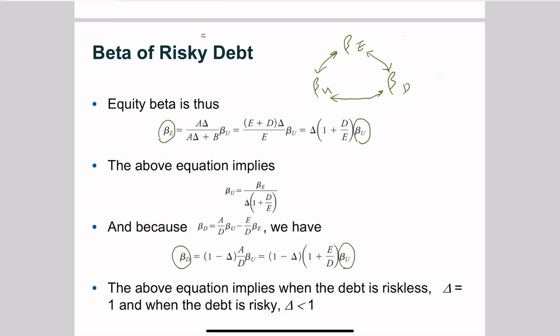We basically need delta, the market value of debt, and the market value of equity, right? So as long as you give me delta, D, and E, and then if you give me beta U, I can calculate both beta E and beta D, right? So that's the basic idea here.